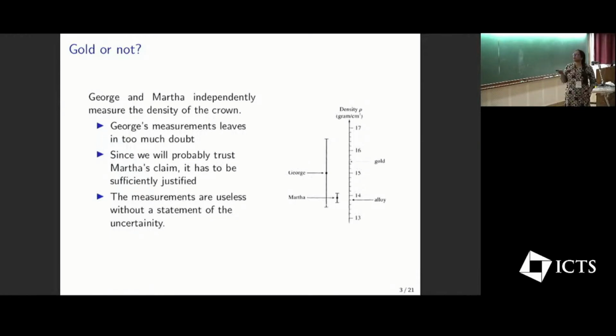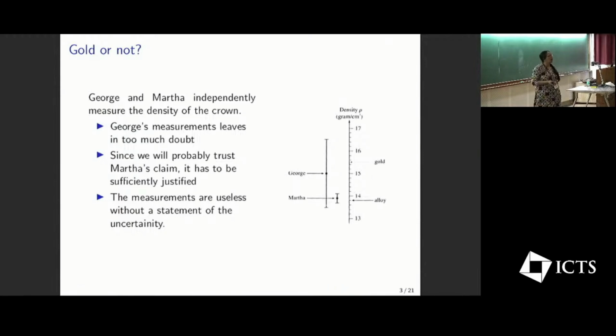So if both of them came to the manufacturer and just gave the mean values, then what do you think the manufacturer should do? Yeah. So if you do not provide a number which tells you how accurate or how good a number is, then a best estimate of a number is quite meaningless.